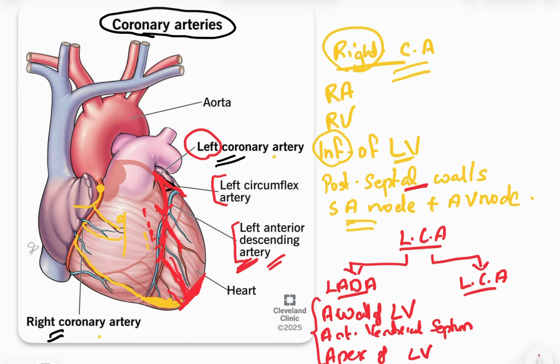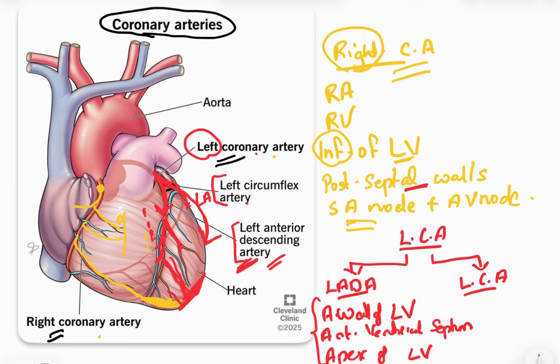Now we are moving to the second branch of the left coronary artery, the left circumflex artery. The left circumflex artery supplies the left atrium here, and also the lateral and posterior surface of the left ventricle. It is going behind. You cannot see the artery in this image because it is running backwards, behind the heart.